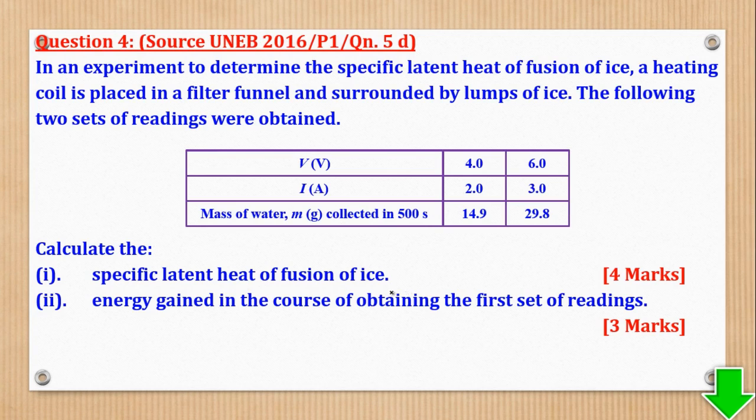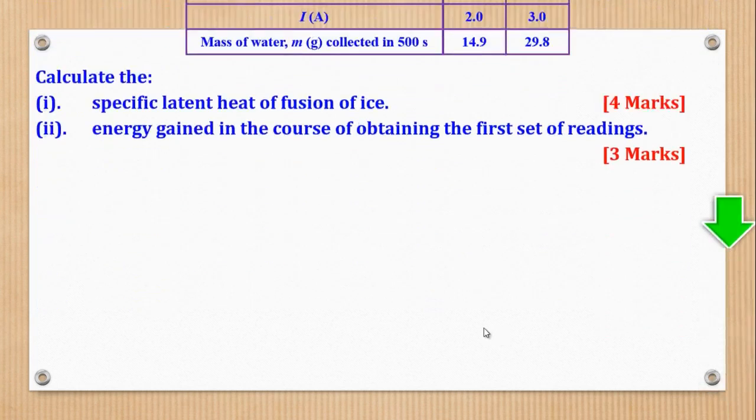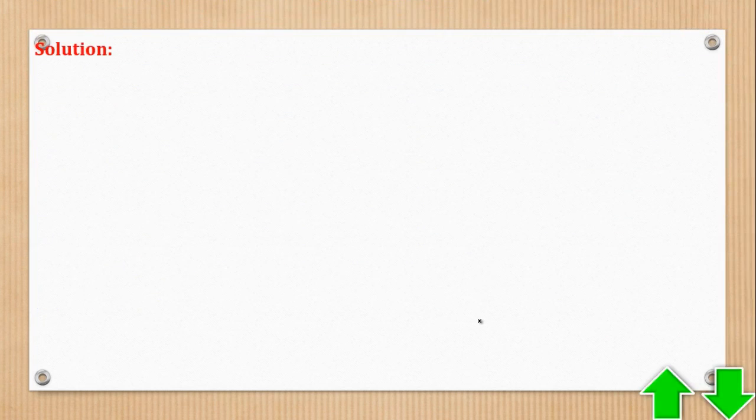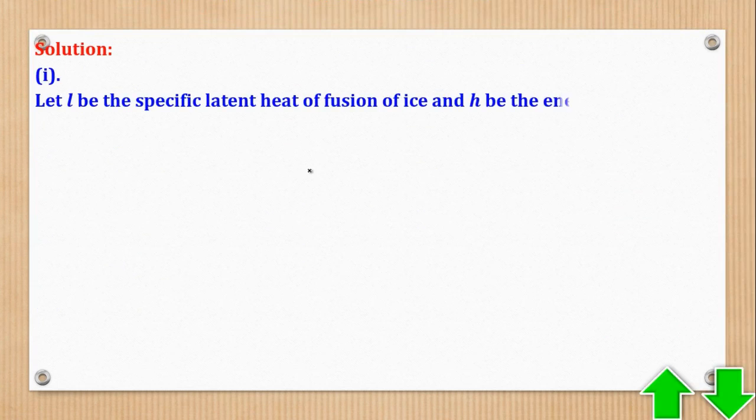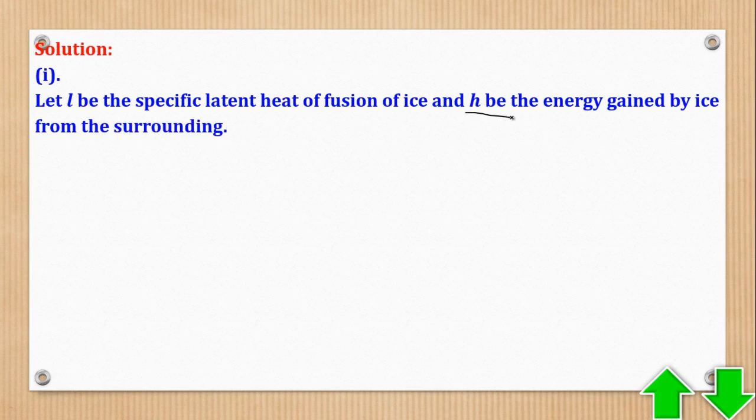So now we no longer talk about heat lost, we talk about heat gained from the surrounding. Therefore, when you are quoting the equation, you shall come and say that, first of all, let L be that, and H be the heat gained by ice from the surrounding. Now it is no longer heat lost to the surrounding, it is now heat gained from the surrounding.